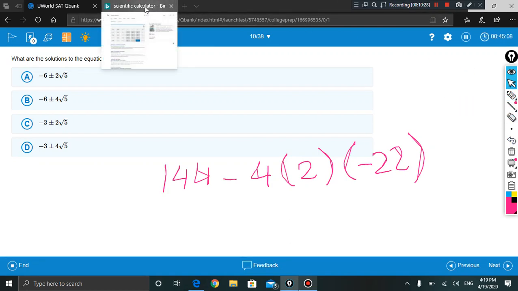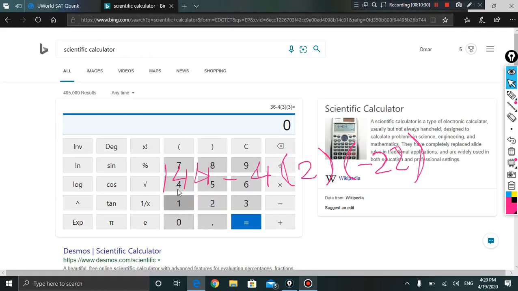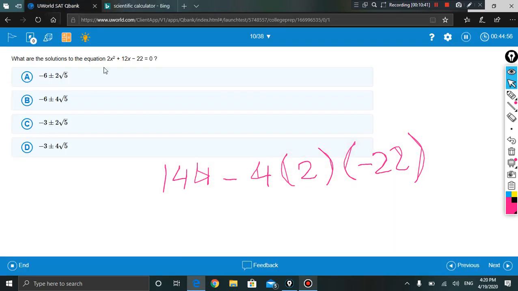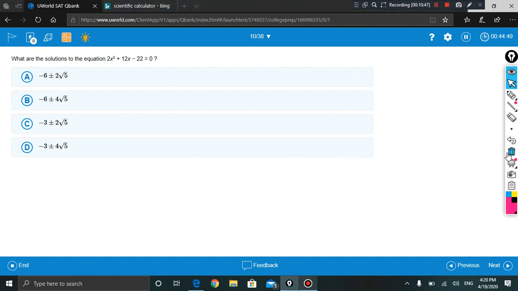That's 320. So we're talking about the square root of 320.